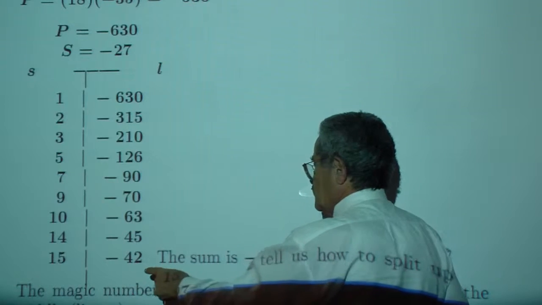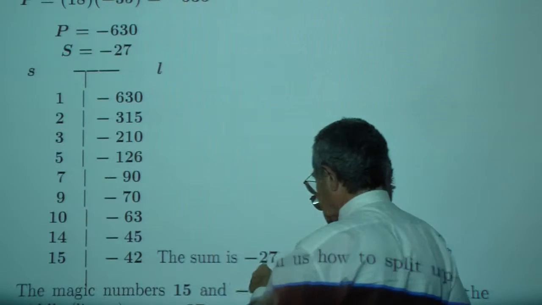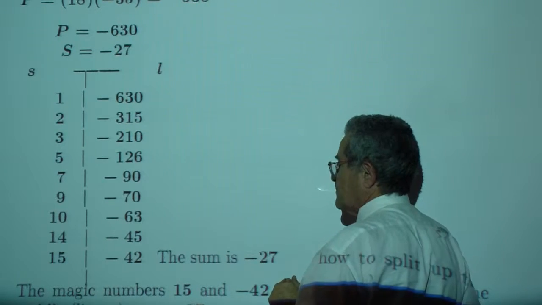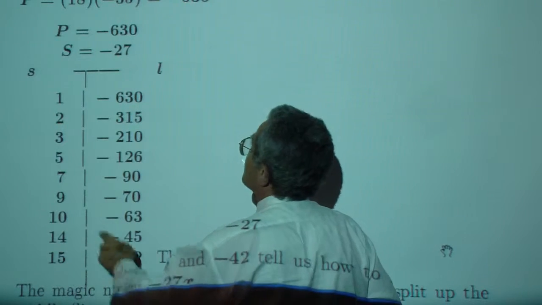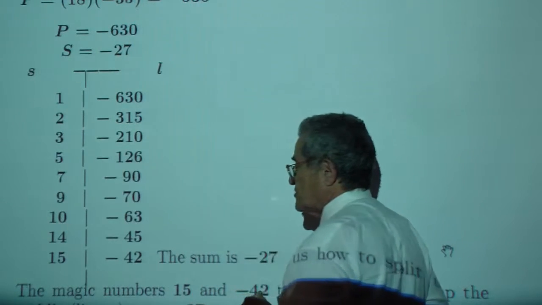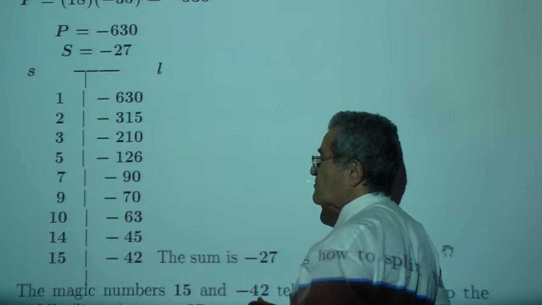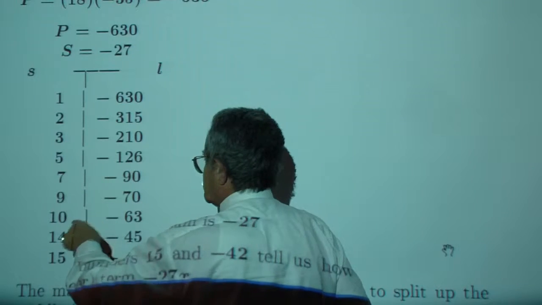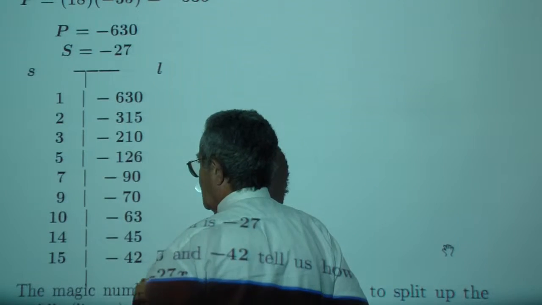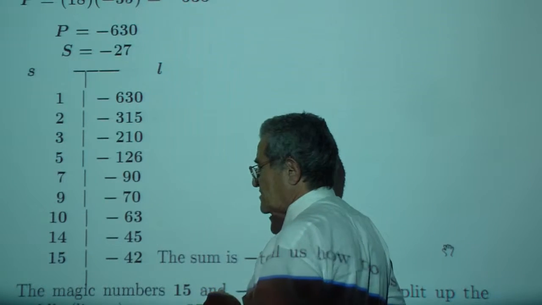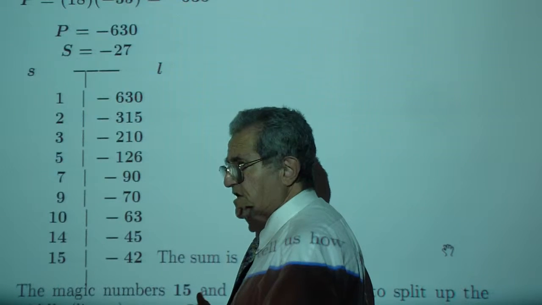And at 15, you notice that 15 minus 42 is negative 27, and 15 times negative 42 is negative 630. You can do this mechanically, step by step. If you don't skip any steps here, if you fill in all the holes, you don't have to go back and ask, gee, did you miss something that doesn't work?